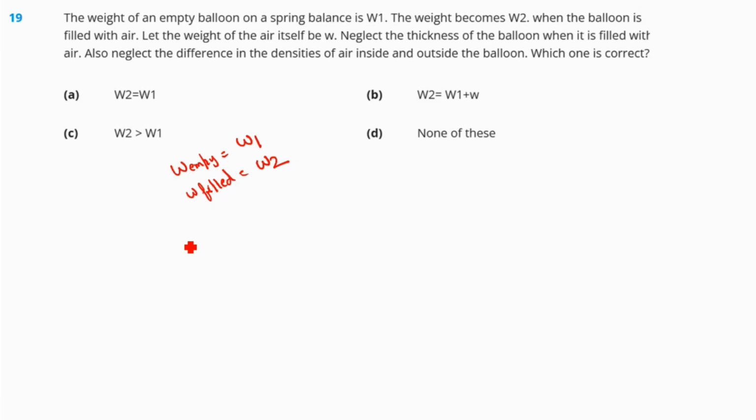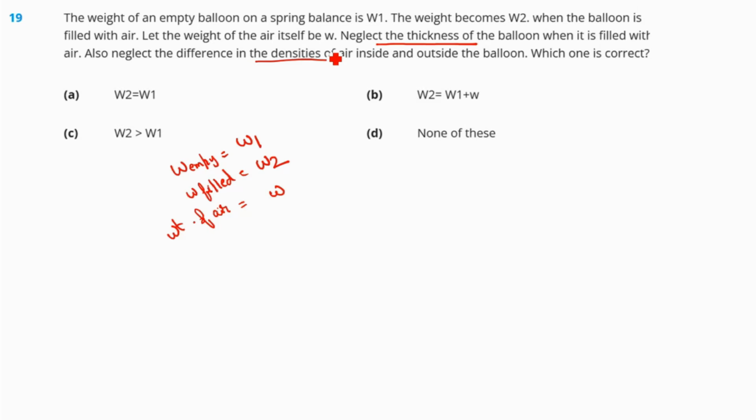And weight of air filled inside the balloon is W. Now it is said that we have to neglect the thickness of the balloon, and that means as we are neglecting the thickness of the balloon, the volume of the balloon is equal to the volume of the enclosed air, right? And we have to also neglect the difference in the densities. So the density of air inside and outside are same, right?